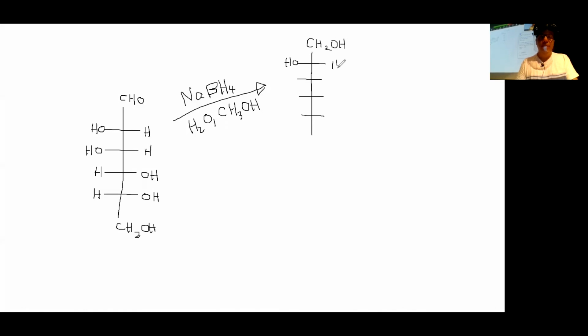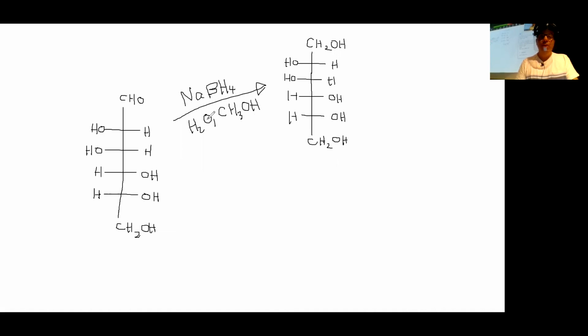Unsurprisingly, there's nothing else in the molecule that can be reduced, so all of the other alcohol functional groups are just along for the ride. So this is your sugar alcohol or alditol.